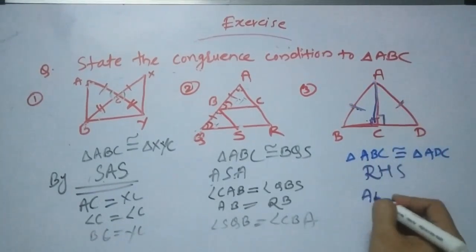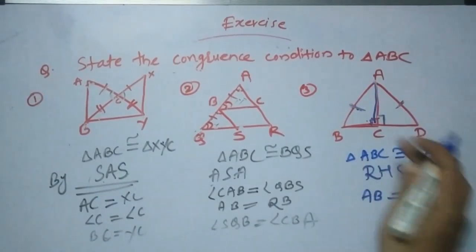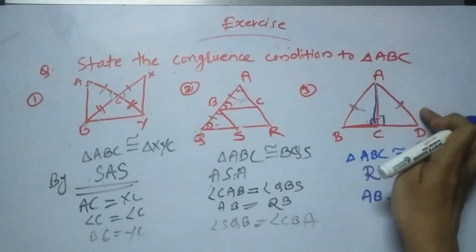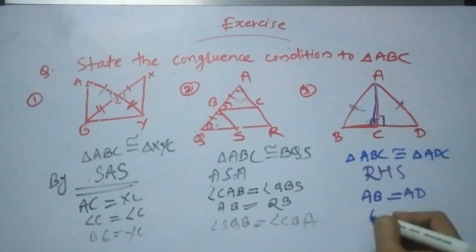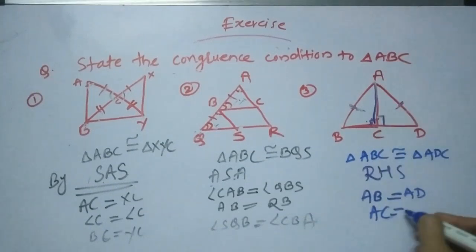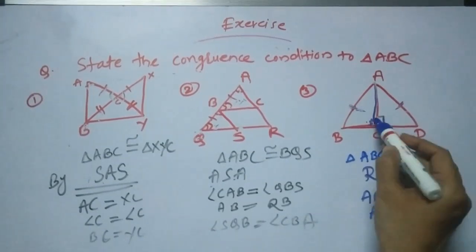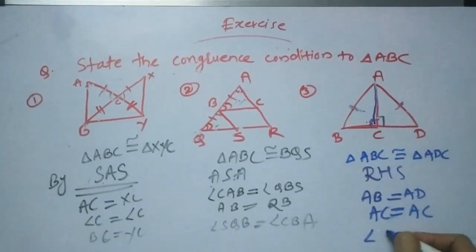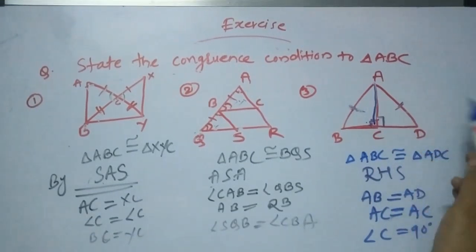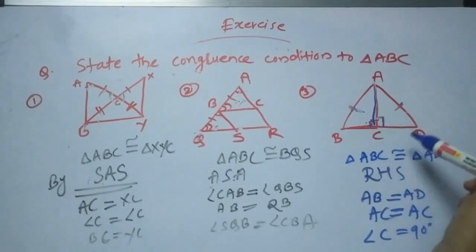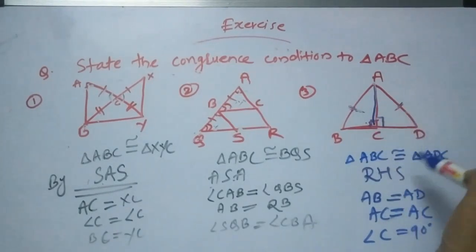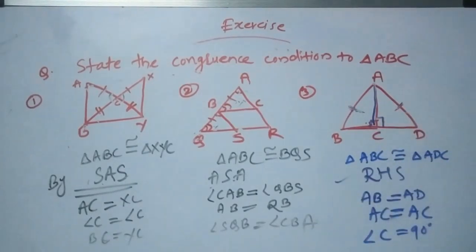So you can say AB is equal to AD, which is given by this marking. And one side is common in between them, AC is equal to AC. And the last thing is angle C is equal to 90 degrees. So in this case, these two triangles are congruent to each other by using the RHS congruence condition.